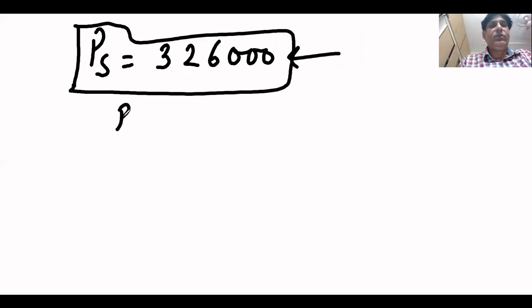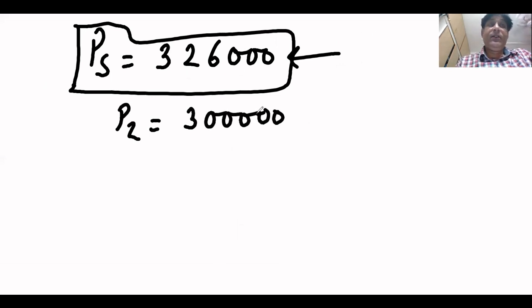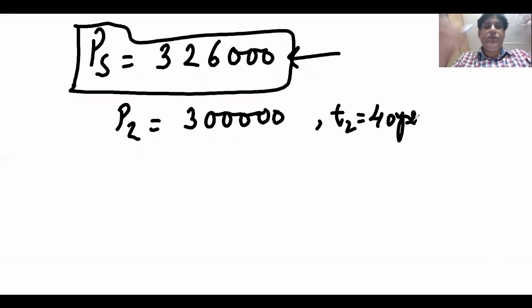Your P2 was 3 lakhs after 40 years, at time slot 40 years, right? This is the saturation population. The population rose from 30,000 to 1,70,000 in 20 years, and then again to 3 lakhs in the next 20 years. That is 40 years from the initial time, and the saturation population reaches 3,26,000, right?